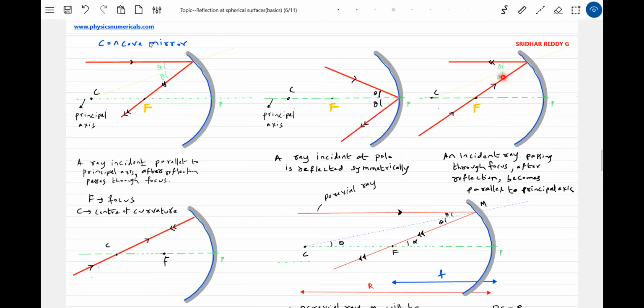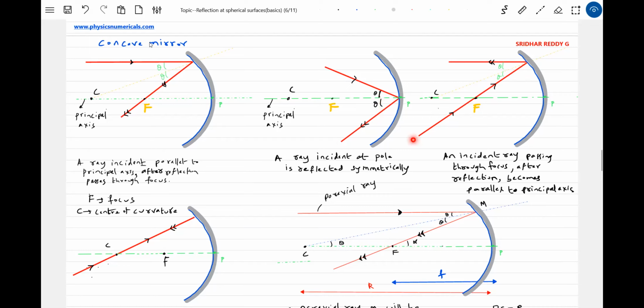This principal axis will become the normal now. Angle of incidence should be equal to angle of reflection, so it will be reflected symmetrically.